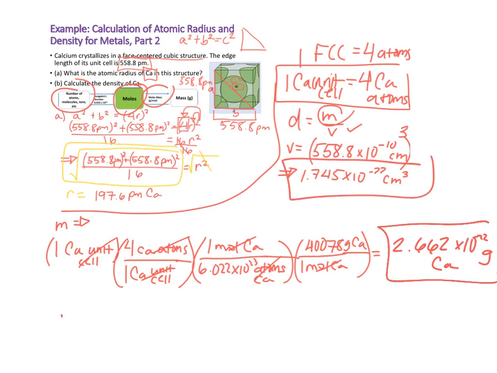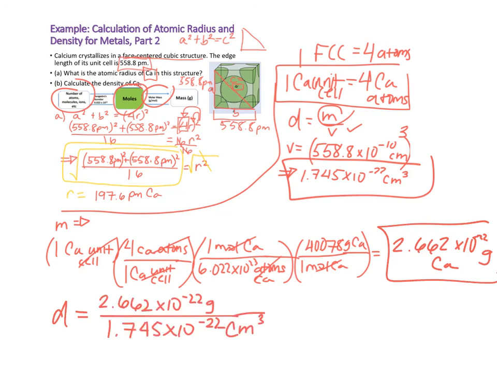And now we can divide these two. So we are going to write out our mass divided by volume. And you should have the 2.662 times 10 to the negative 22 grams divided by that 1.745 times 10 to the negative 22 centimeters cubed. That's a mouthful.